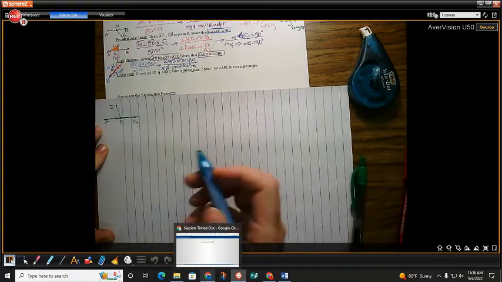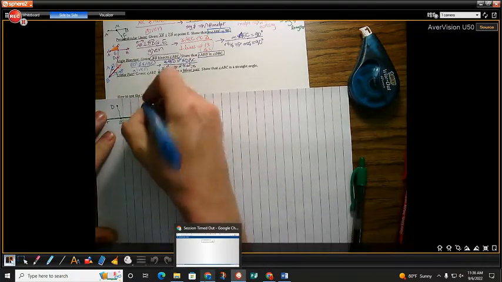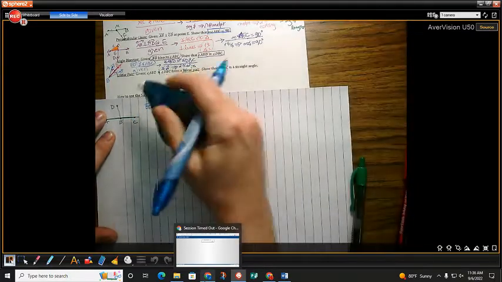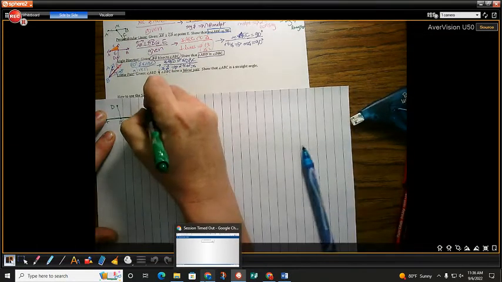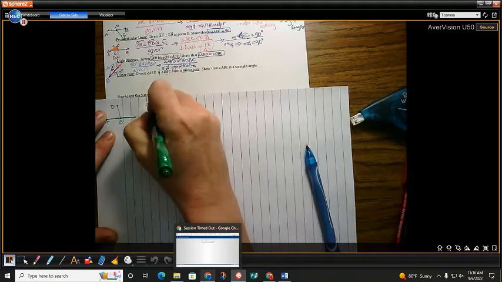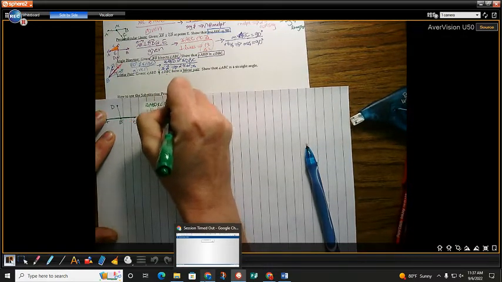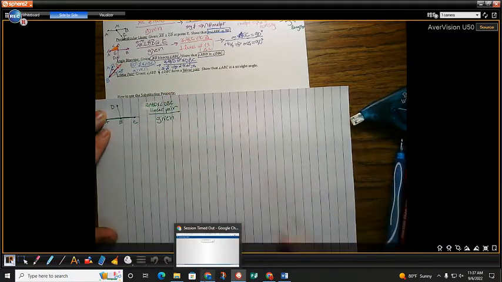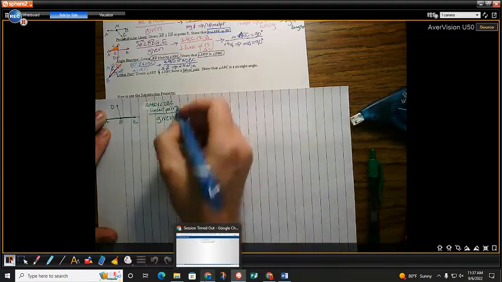So now to start my proof, I'm going to put my given: angle ABD and angle DBC are a linear pair. That was what was given to me. And let's see where that can lead me.